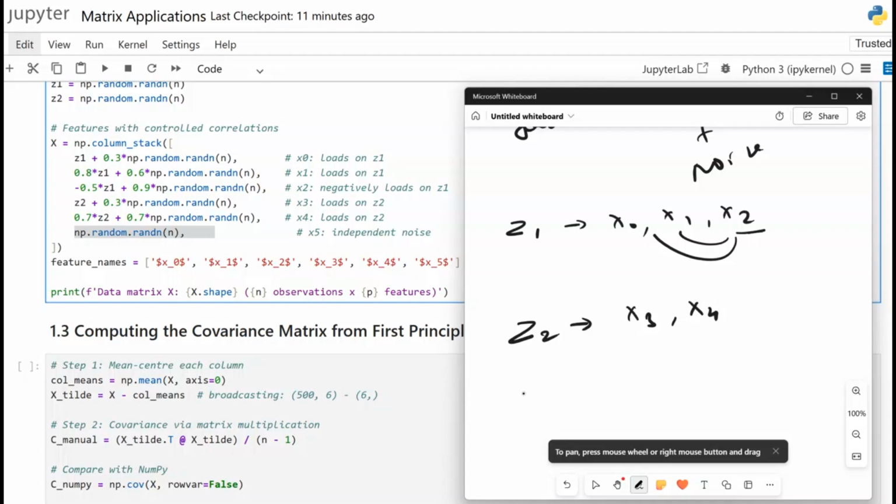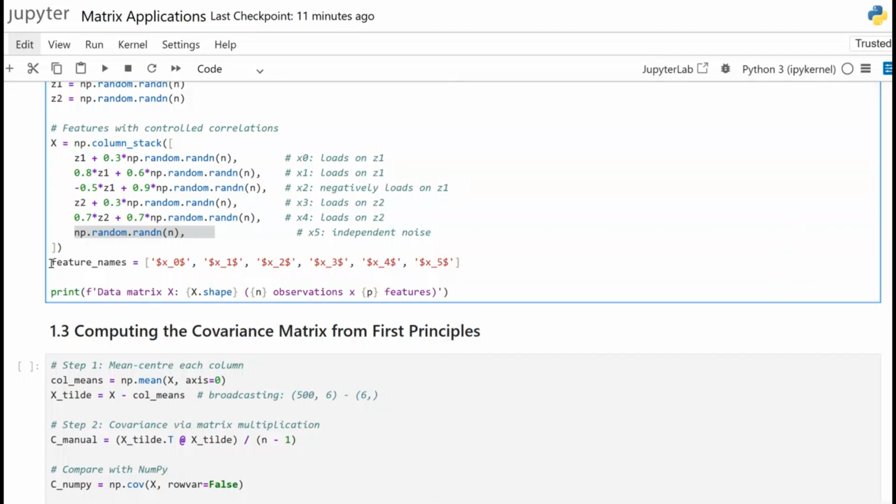And last, the noise feature X5 has no systematic correlation with any feature. This resembles a factor model with two latent dimensions. Kindly observe that we have specified the feature names. These are labels formatted by LaTeX rendering, for plotting.